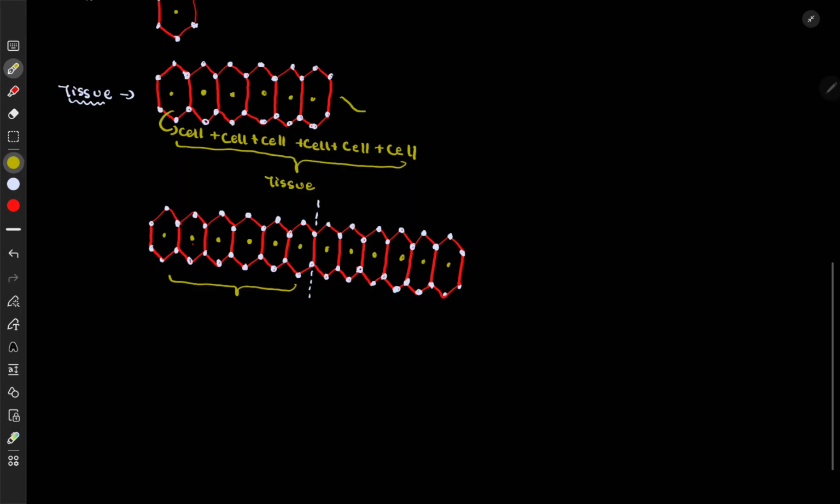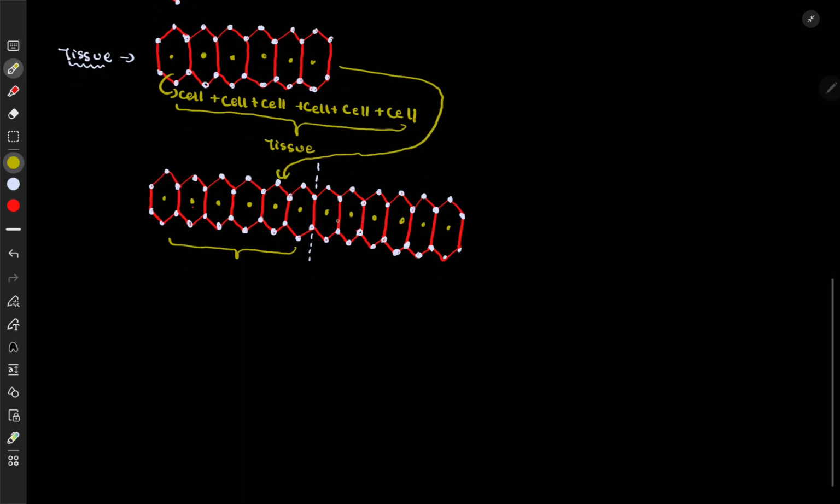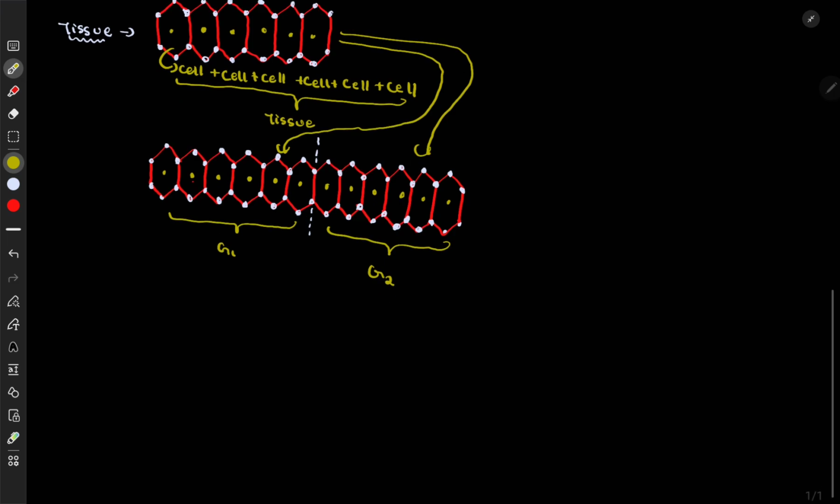A tissue will contain a large number of cells, but this is just for example. This is my first group, G1, and this is my second group, G2. Both of them are the same tissue.